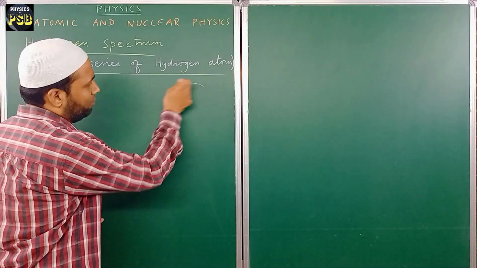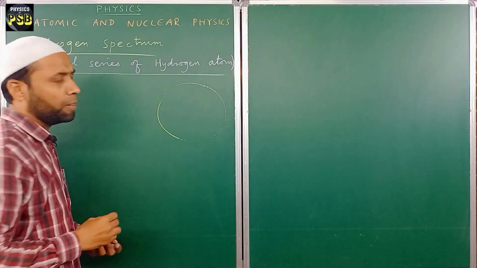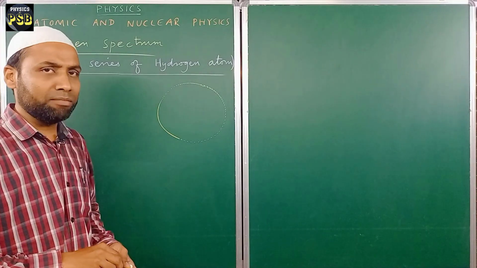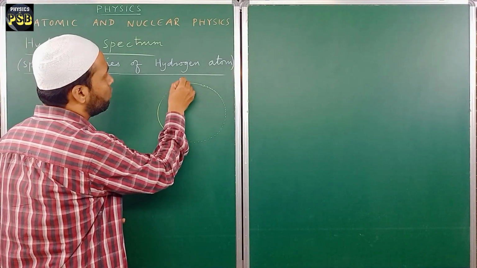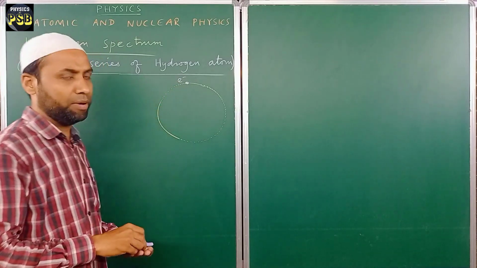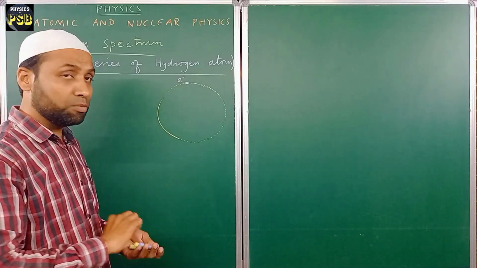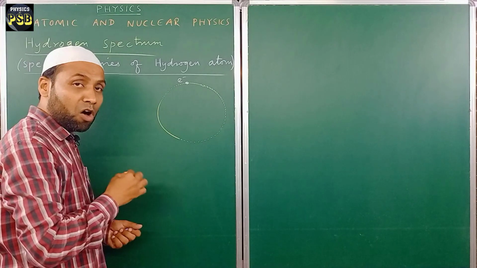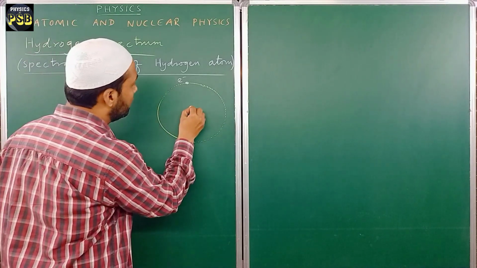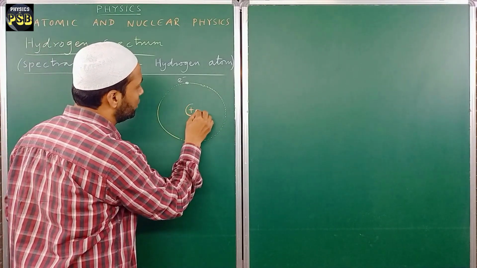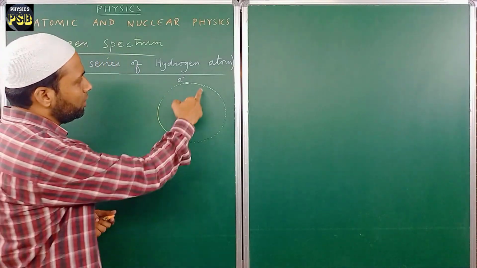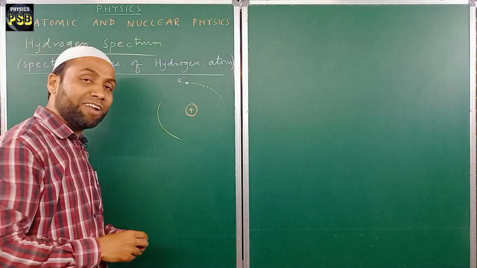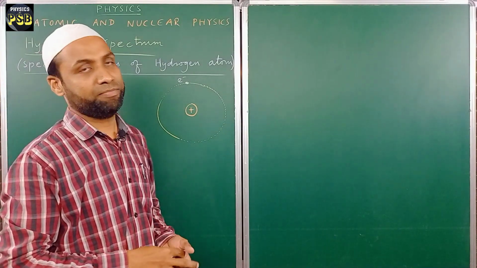Already I have told you, an atom consists of electrons revolving around the nucleus in orbits. According to Niels Bohr, electrons revolve in circular orbits around a positively charged nucleus. Here, this orbit is otherwise referred to as an energy level.